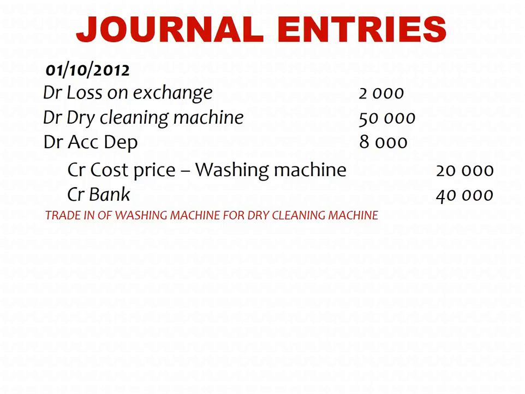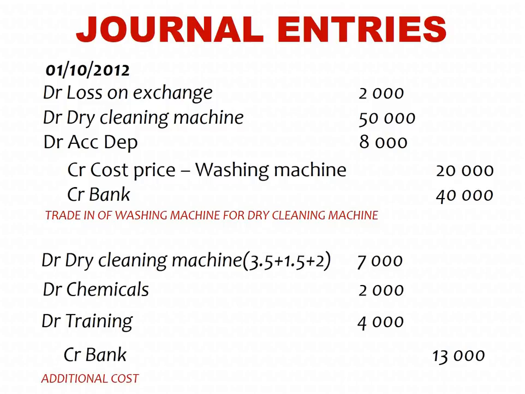We are also given additional information regarding costs which were incurred to make the machine operational. These costs are listed and need to be categorized into costs that can be added to the cost of the dry cleaning machine, and those costs that need to be expensed.